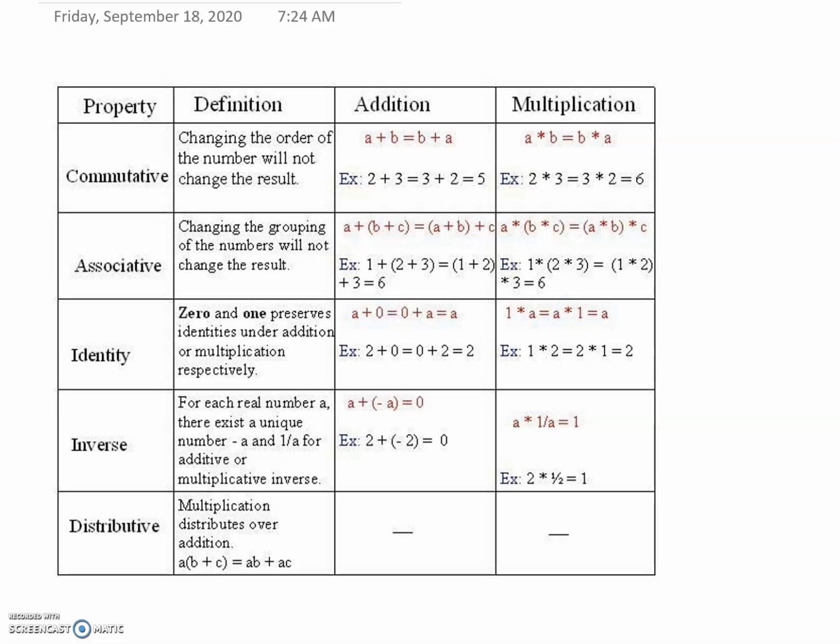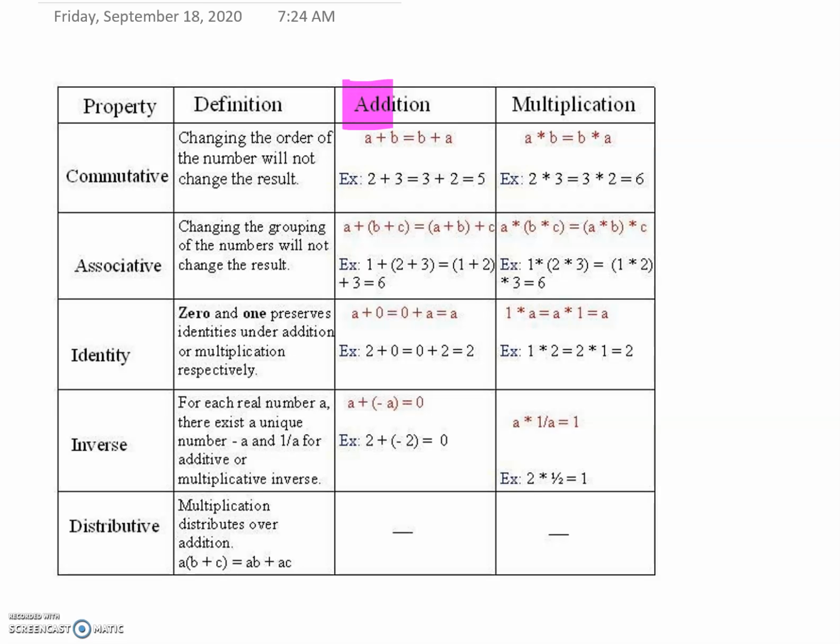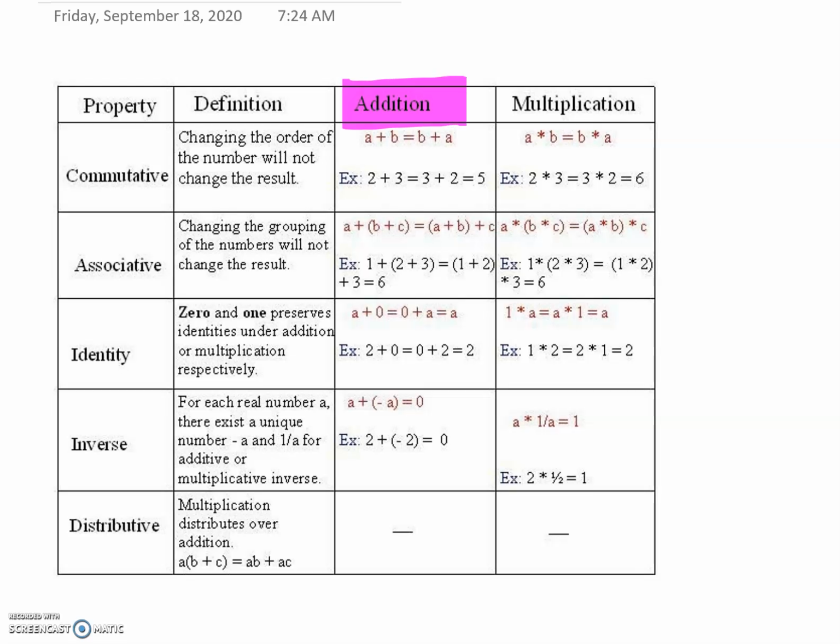But if we take a look at the commutative property and the associative property, I want us to take special note of the only two operations that exist in these properties of real numbers, and that's addition and multiplication.